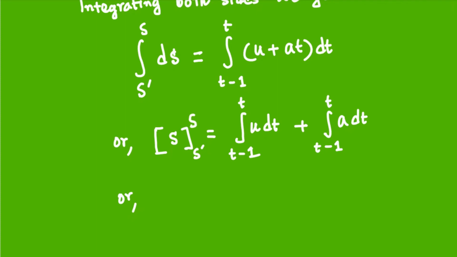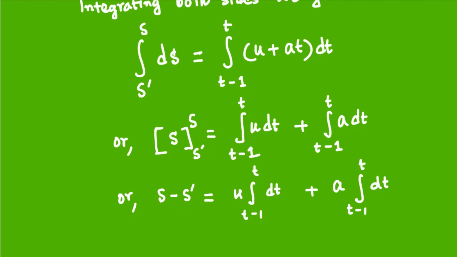So s minus s prime equals u integration dt from t minus 1 second to t second, plus a integration t dt from t minus 1 second to t second.